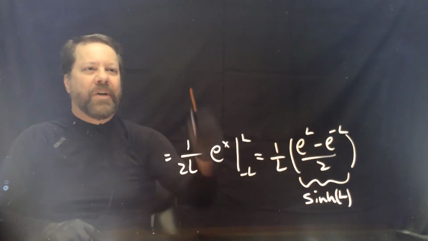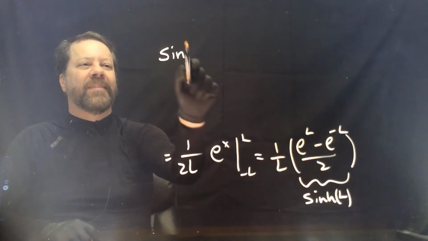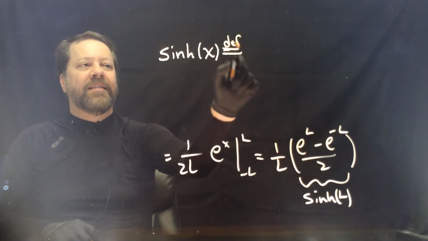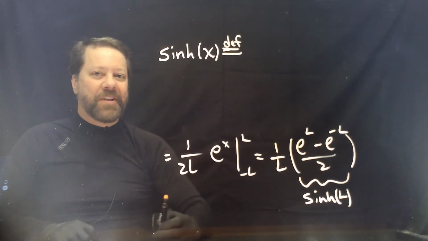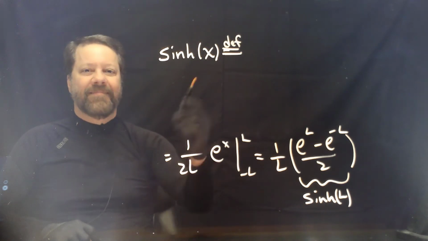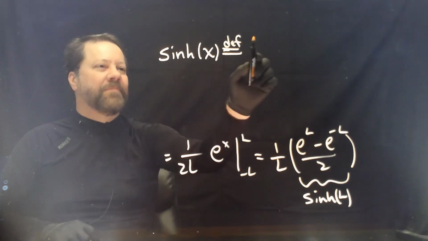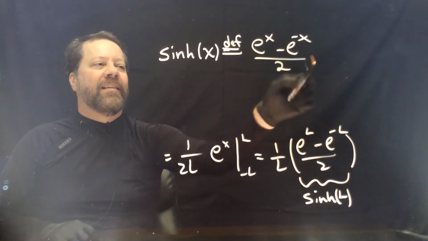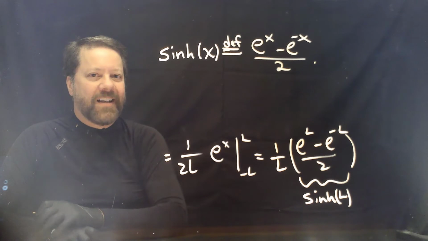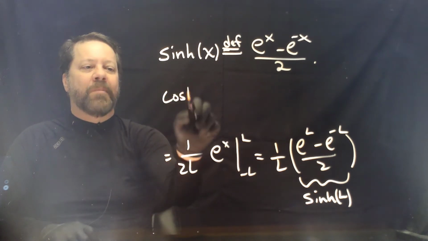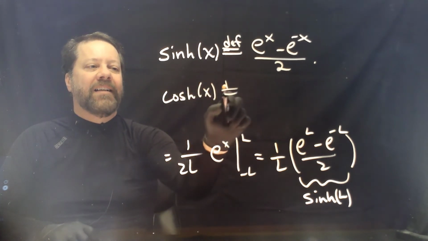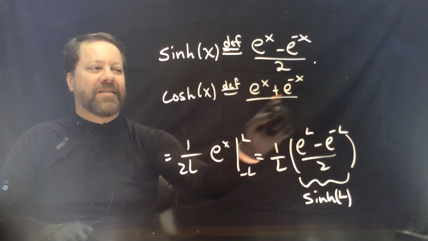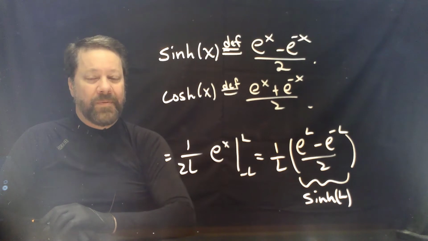For those of you who don't remember, the hyperbolic sine is, by definition, and definitions you accept, you don't prove them, you accept them, it's e to the x minus e to the minus x over 2, and the hyperbolic cosine is, because I said so, e to the x plus e to the minus x over 2.